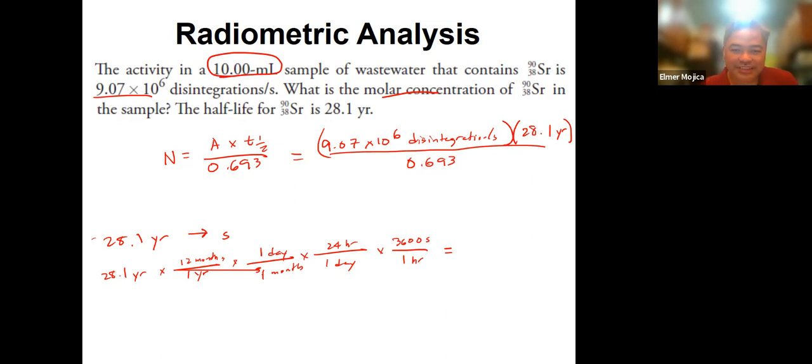So ano yung initial sagot dito? Anyone? 1.14 times 10 to the 16. So that could be atoms of your strontium 90.